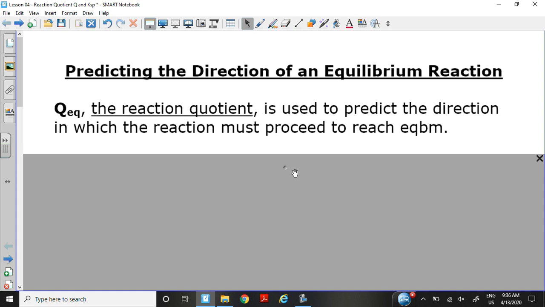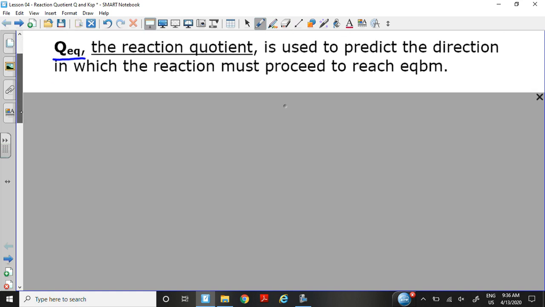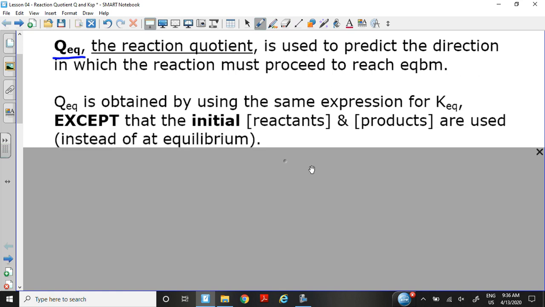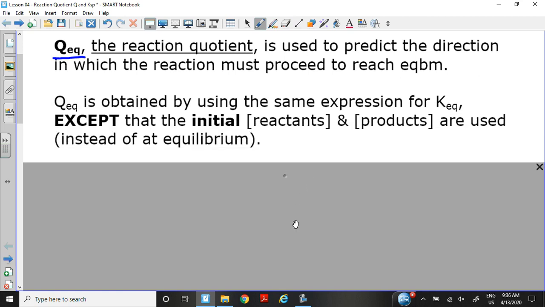So as I just mentioned, for the reaction quotient we use the letter Q, or sometimes a Q with an EQ, to represent this value. And like we just said, it is used to predict the direction in which the equilibrium must proceed in order to actually reach equilibrium. It's very easy to calculate. When you're doing a calculation for Q, you do the same expression that you would for K_EQ.